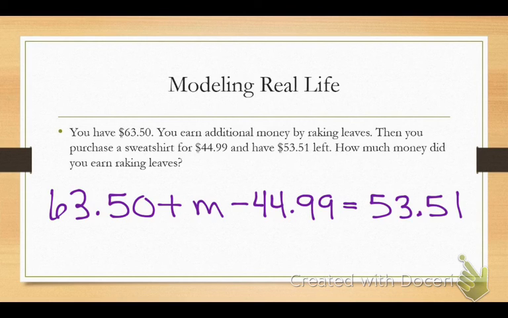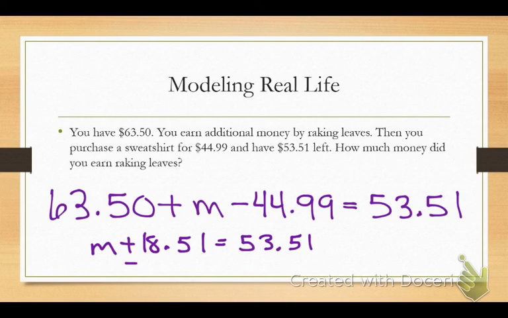What's $63.50 minus $44.99? $18.51. Okay, so M plus $18.51 equals $53.51. Now what do I do? Subtract it from both sides. Yeah. And what do you get? $35. Okay, so that's how much you made.